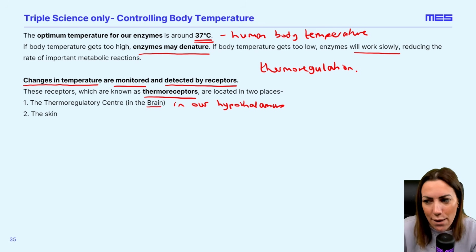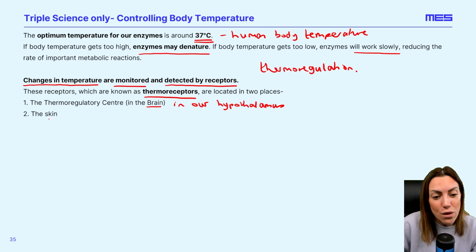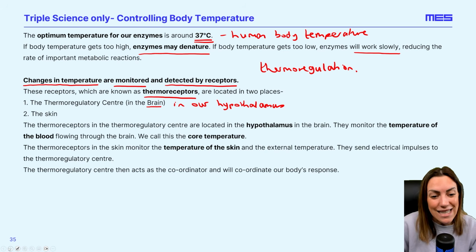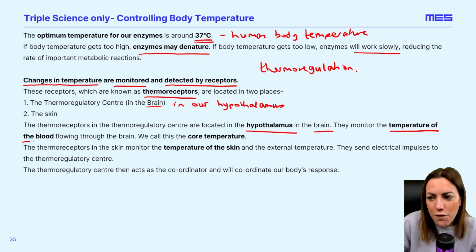That contains temperature receptors, but also your skin, all over your skin, all over your body, there are more temperature receptors. And the reason we need both of these is they monitor different things. So the thermoreceptors in the thermoregulatory center, which are located in the hypothalamus in the brain, will monitor and detect any changes in the temperature of the blood that flows through the brain.